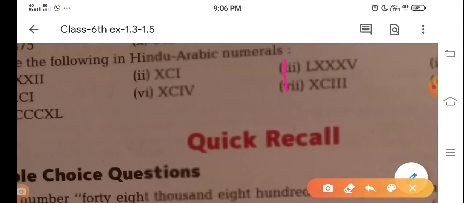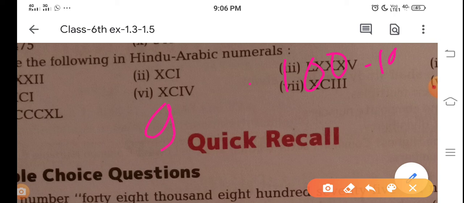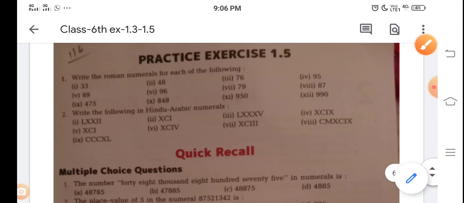C means 100, and before it X means minus 10, so that's 90, and plus 1, your answer is 91. So my dear students, do you understand how to write number names and how to write in numerals?